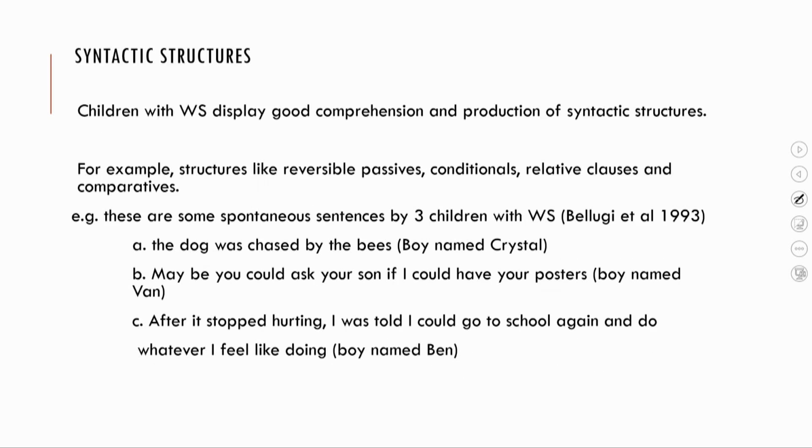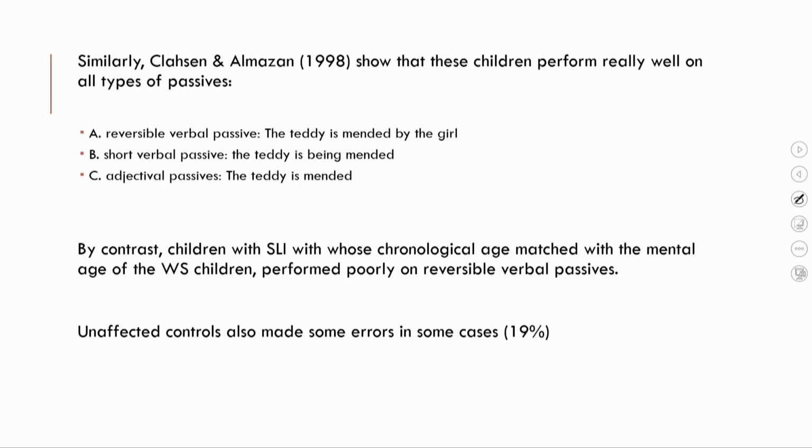Syntactic structure: children with Williams syndrome display good comprehension and production of syntactic structure. So, for example, structures like reversible passives, conditionals, relative clauses and comparatives, in all these cases they do pretty well. These are some examples. Similarly, it has also been seen that these children perform really well in all types of passives.